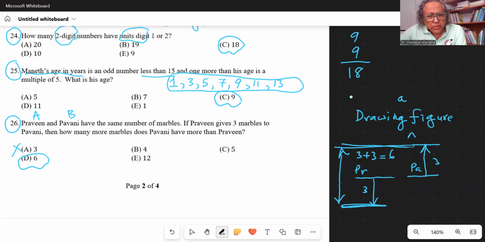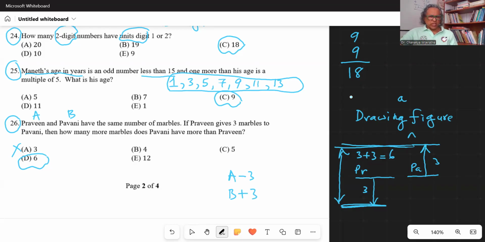Praveen gives 3 marbles to Pavani, so he loses 3 marbles, and Pavani gets 3 more marbles, so she now has B plus 3.